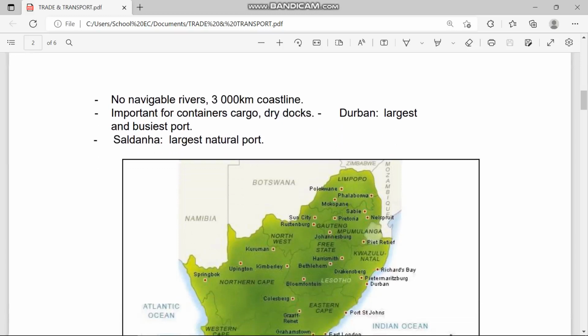I can verify and support this statement that Durban is the largest and busiest port. If you're familiar with Durban, let me make an example.